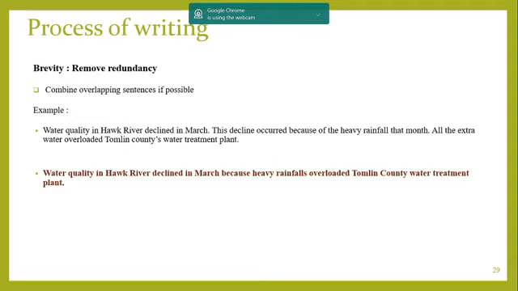See the below statement. It's quite a complex one. Water quality is declined. Why it is declined is because of the rainfall, the extra water overloaded the county water treatment plant. So three pieces of information they have provided.